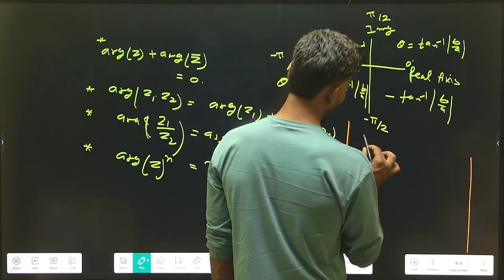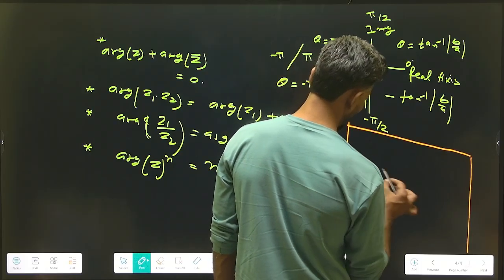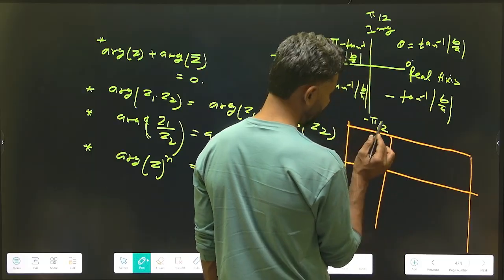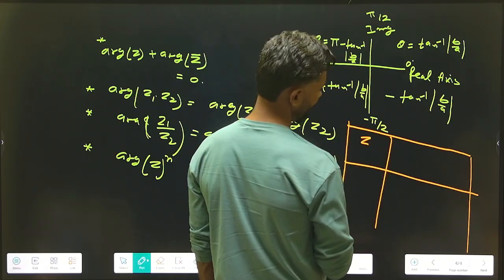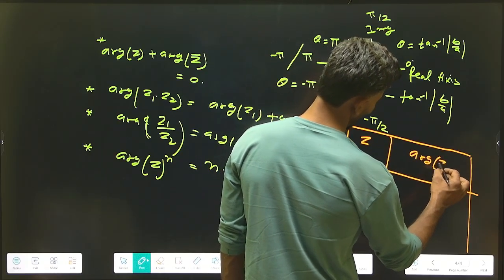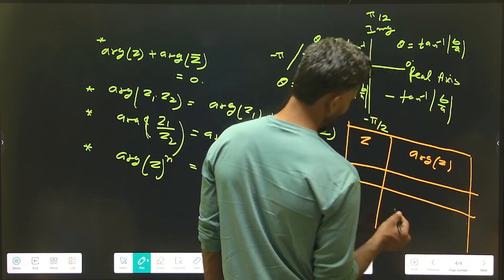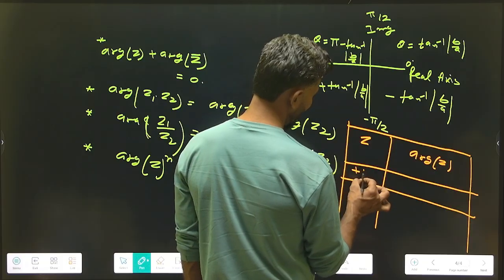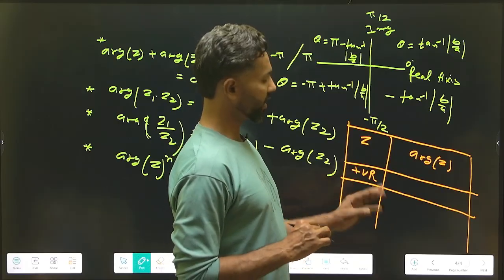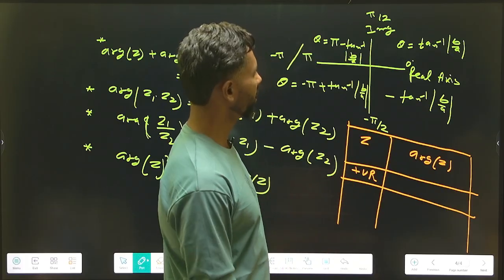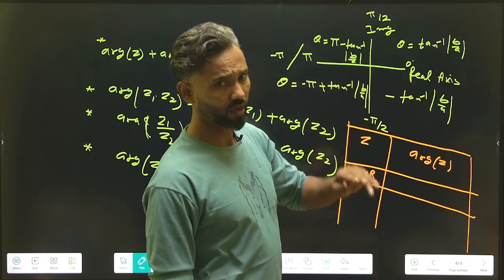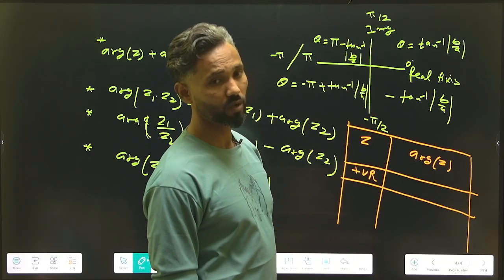And I'm going to prepare a table over here. I'm writing z here, where z means complex number, and over here I'm going to present the argument of z. Suppose a complex number is positive and real. Now you tell me, these are the quadrants, on which line are you going to represent the positive real numbers?